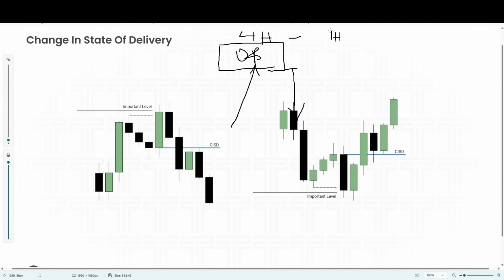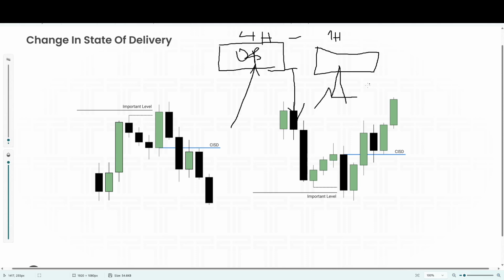So we jump to a 1-hour time frame. On the 1-hour time frame, as price has hit that order block, as it is in the order block, or as it is reversing from that order block, what we want is, price was coming like this. When it hits that 4-hour time frame order block, we want on the 1-hour time frame price to come back and create a clear V shape formation.